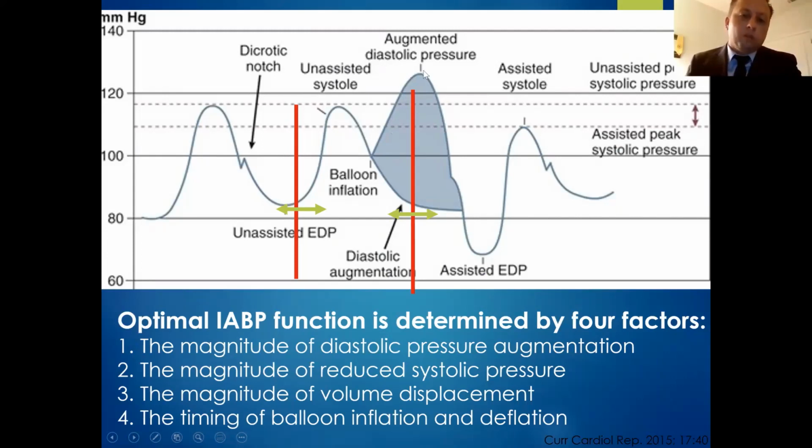Your diastolic pressure will actually be higher than your systolic pressure. Then as the heart begins to go into systole, the balloon will deflate, dropping your end diastolic pressures, and will drop the afterload so that the heart has a much easier time contracting. So this is your assisted systole. The assisted systole may be lower than your unassisted systole.